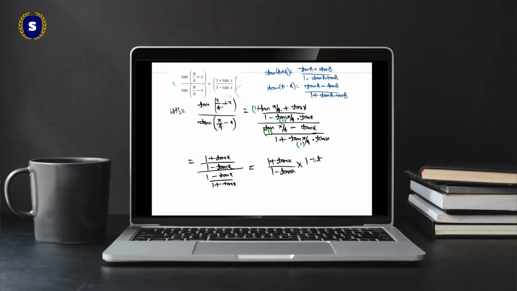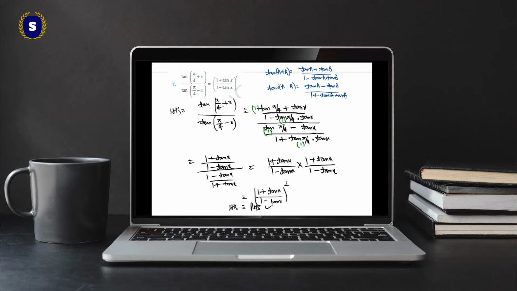So 1 plus tan x upon 1 minus tan x. So this will become (1 plus tan x upon 1 minus tan x) whole square, which is equal to RHS. Hence LHS is equal to RHS.